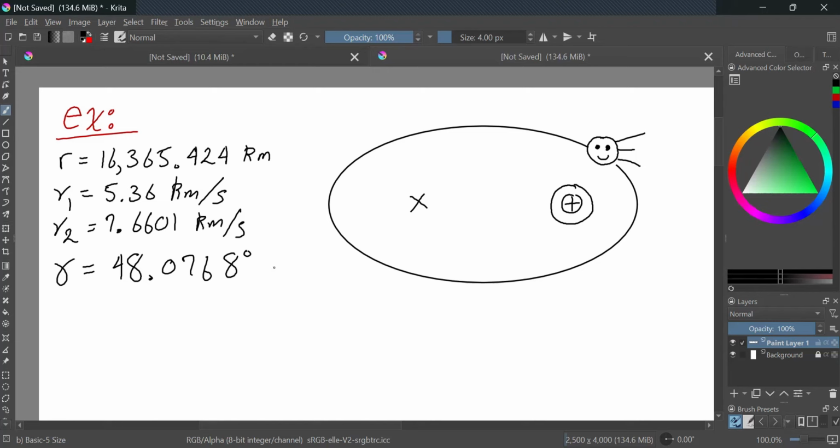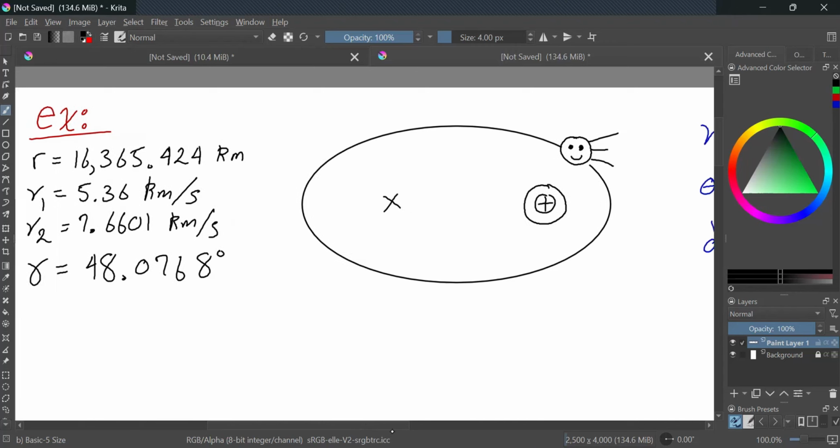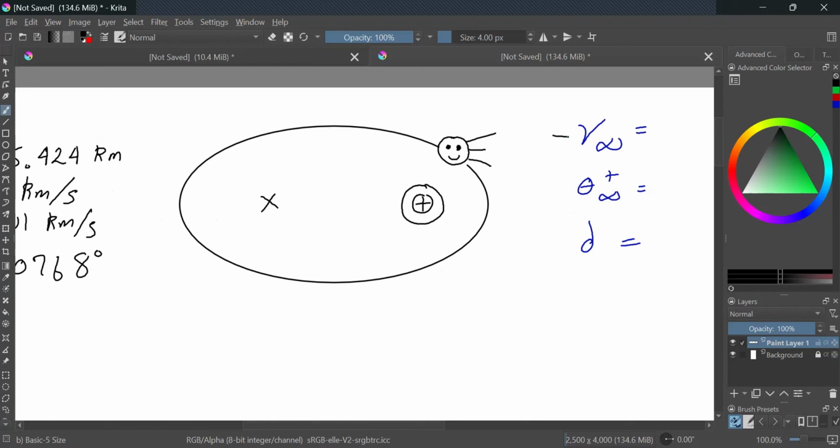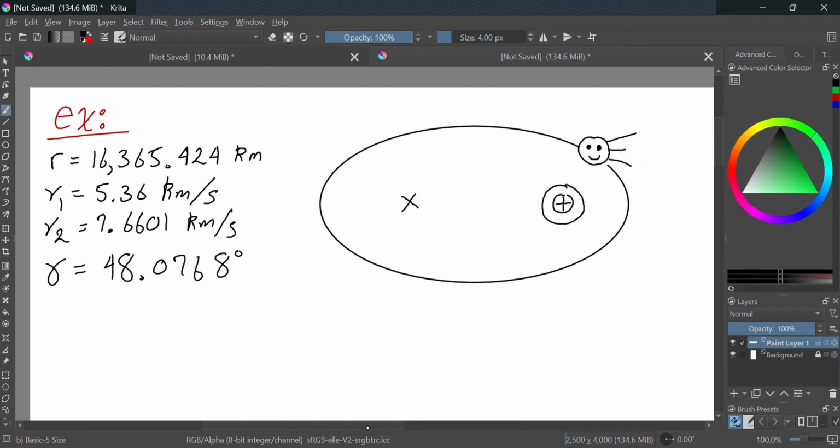And it wouldn't be an example without having a set of values to look for, right? So we are going to be looking for their hyperbolic excess speed, their outbound angle, and their turning angle. And because this is a video dedicated to an example, they are going to be written in blue up here.